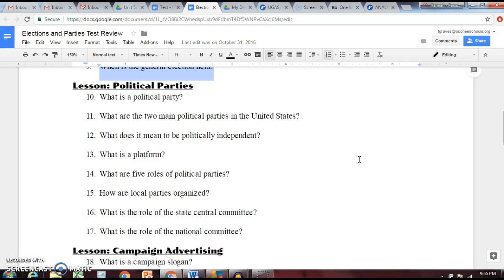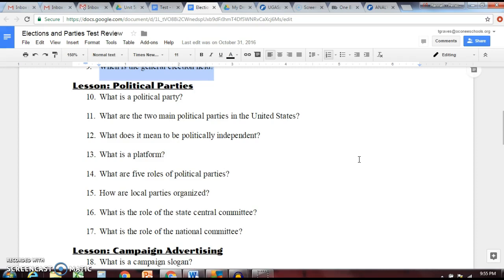For example, if you're a Republican, you are anti-abortion, so you're trying to pass laws that go against abortion. You're pro-gun, pro-Second Amendment, so you want to try to pass laws that protect a gun owner's right to own their gun, so things like that. So there's quite a few of those there that political parties do, a couple of their roles.